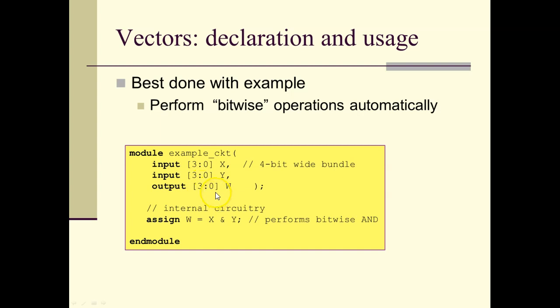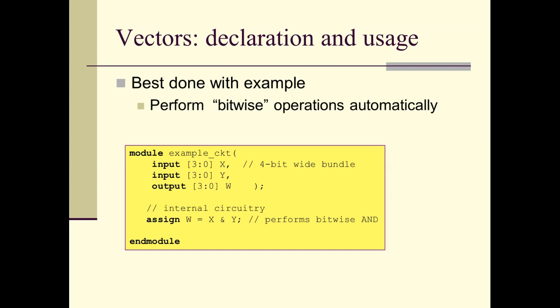So the two inputs and the output all have the same width, which is 4. I've arbitrarily, but as a good idea, declared them 3 down to 0. So 0 is going to be the index of the rightmost signal, or the least significant bit, and 3 is going to be the index of the leftmost signal. This particular example doesn't really use the individual signals. It's using the signals as 4-bit vectors.